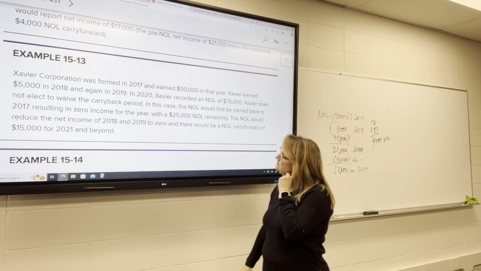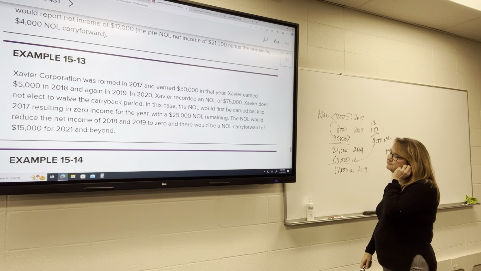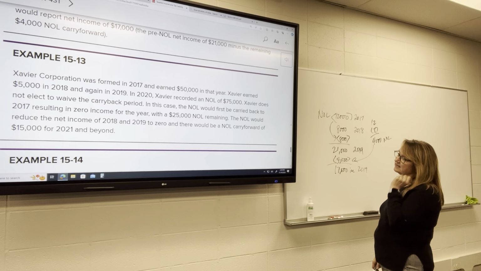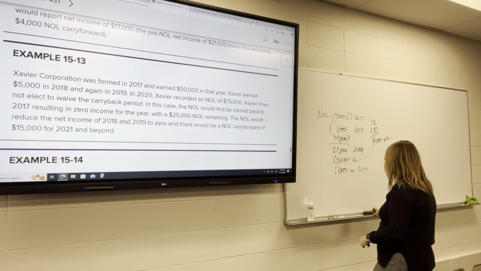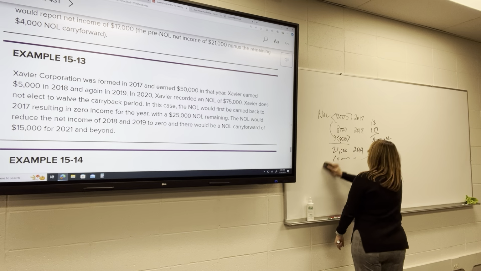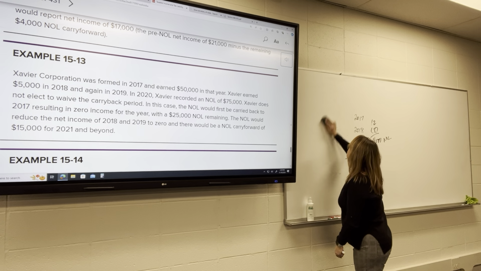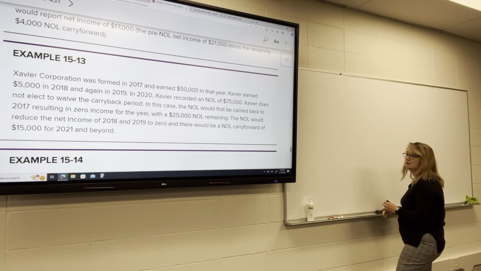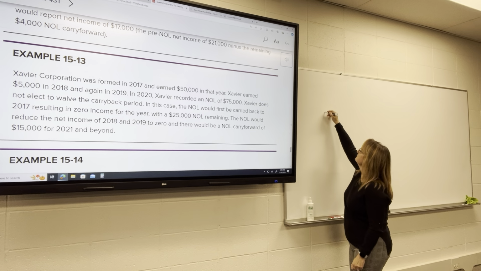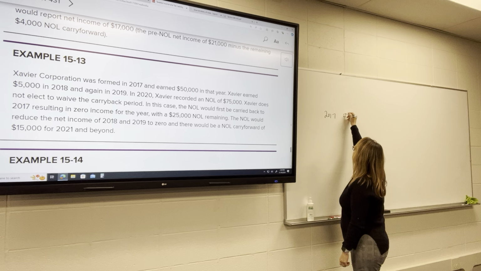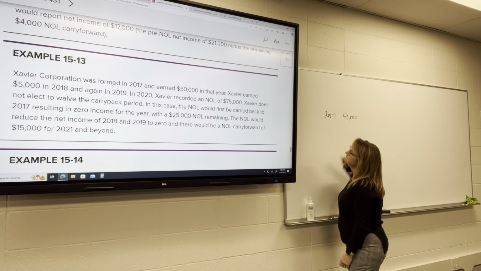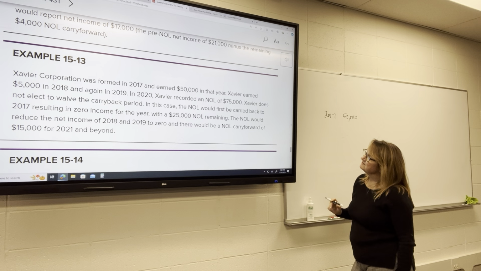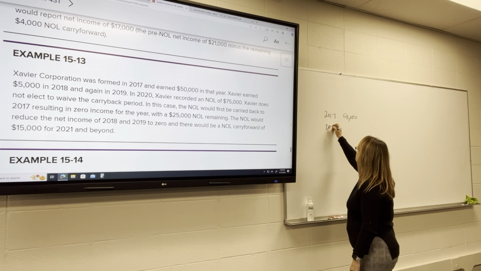Now, Xavier Corporation was formed in 2017 and earned $50,000 that year. And it's easier if you write all this stuff down, by the way, than trying to keep it in your head. Okay, so 2017, 50,000. $5,000 in 2018.